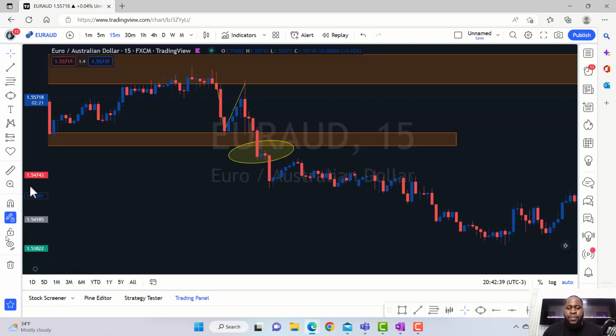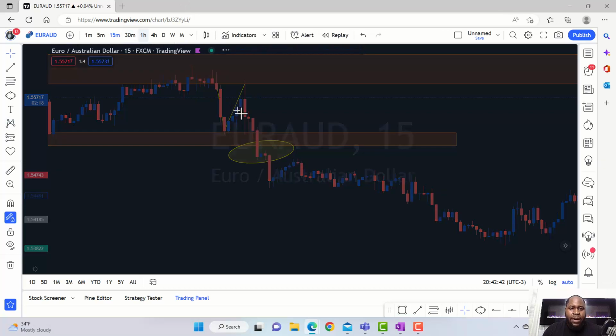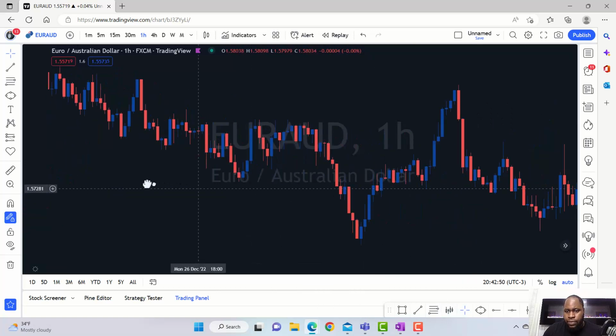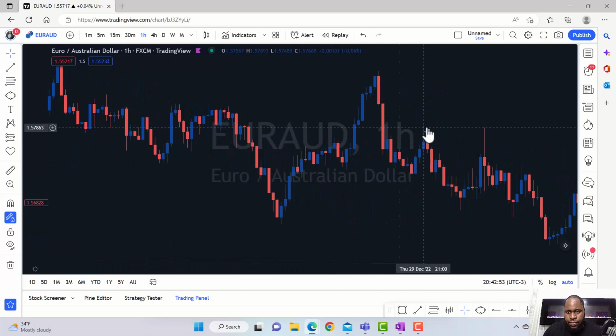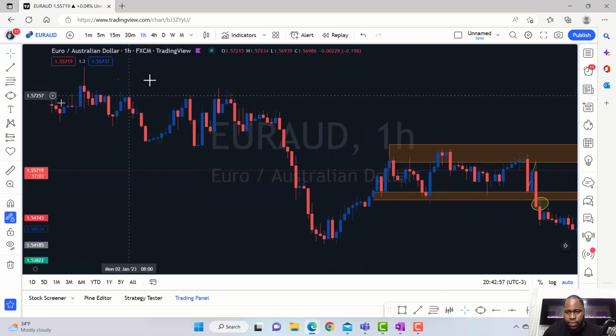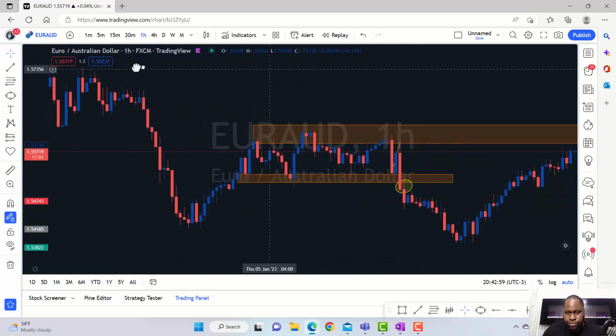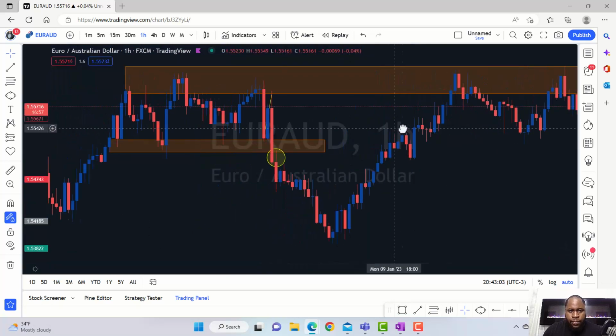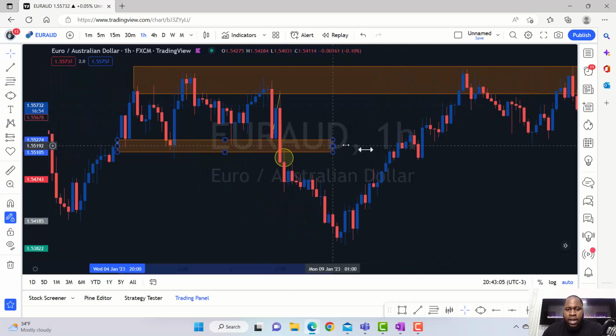Okay, so let's zoom out back into the 1 hour and take a look at how these areas could still come in handy. Okay, now I'm going to extend my area of support.